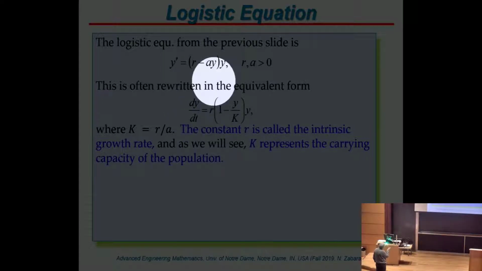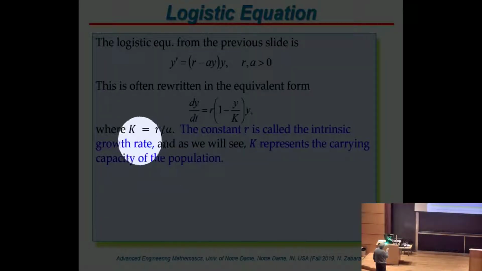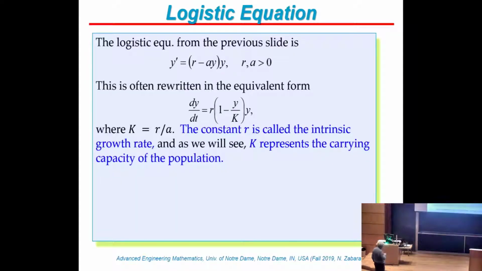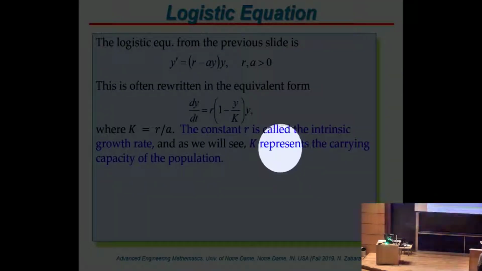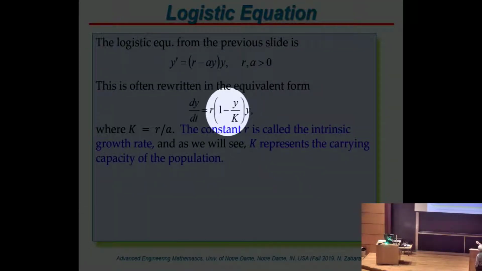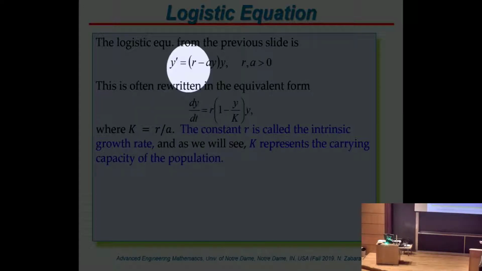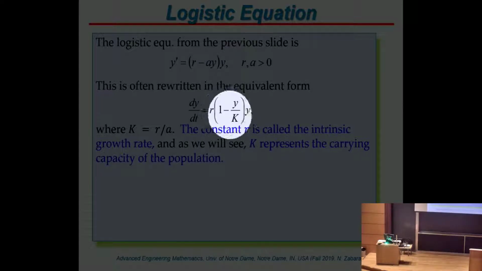They move r outside, and inside they have alpha divided by r, and they call this 1 over k, where k is what they refer to as the carrying capacity of the population, and you will see why when we plot the solution. You can actually see that the critical point this way is going to be y equal to k. So it's just a reformulation of our logistic equation using a k instead of alpha.